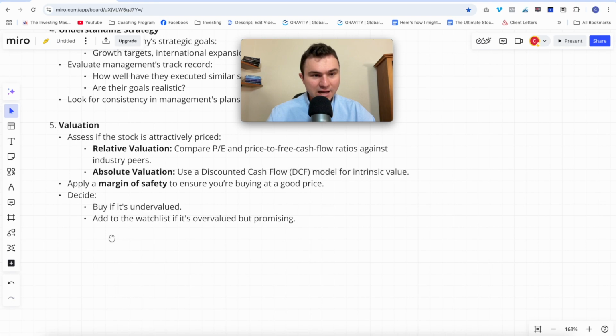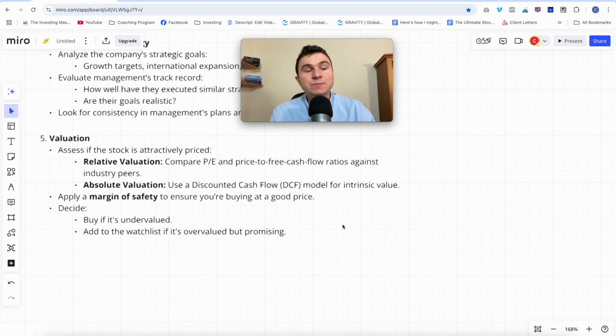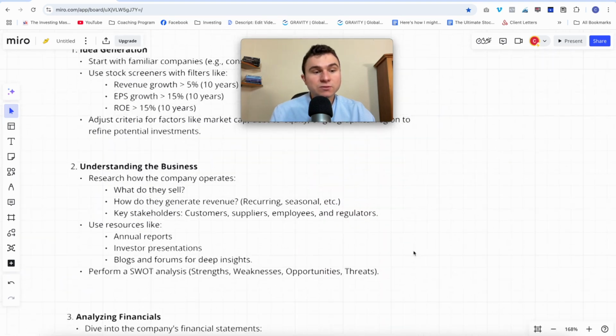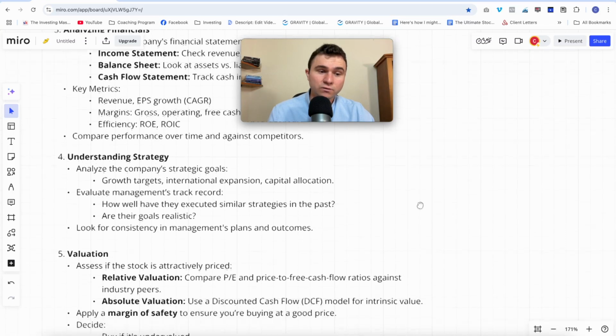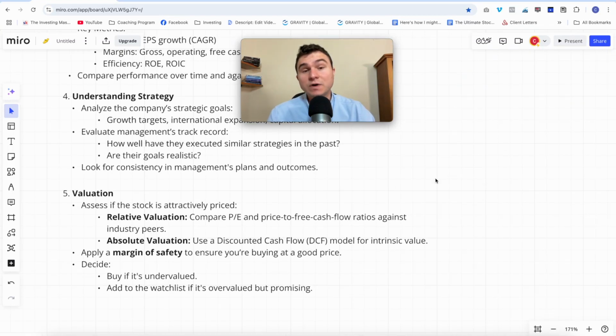Decide. Now that you know the valuation, how it works, decide. Buy if it's undervalued. Buy if it's cheap. And if this is not cheap, you add to the watch list. Add to the watch list if it's overvalued but promising. Because maybe you will spend some hours thinking about this one. Step 1, 2, 3, 4, 5. You're quite happy. You know a lot about the business. You read everything. But at the end of the day, the valuation is expensive.